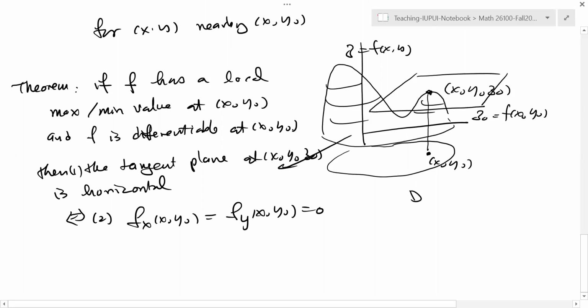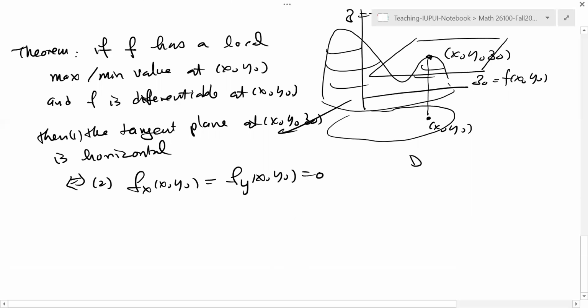So if you want to find the local maximum value of a function, this theorem is very useful. All you have to do is find the points where the function is not differentiable, and find the points where the function is differentiable but the derivative is 0. Those are called the critical points.